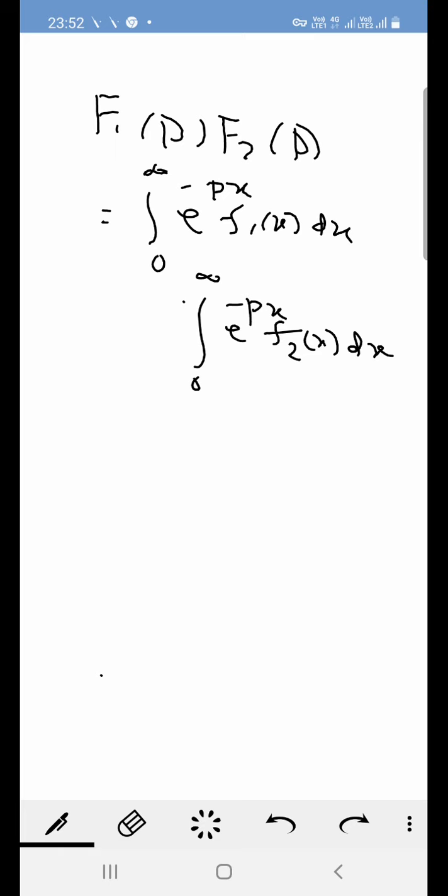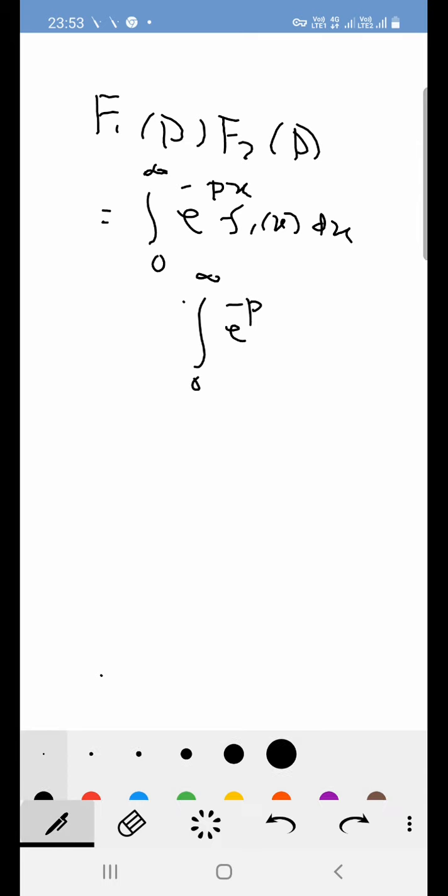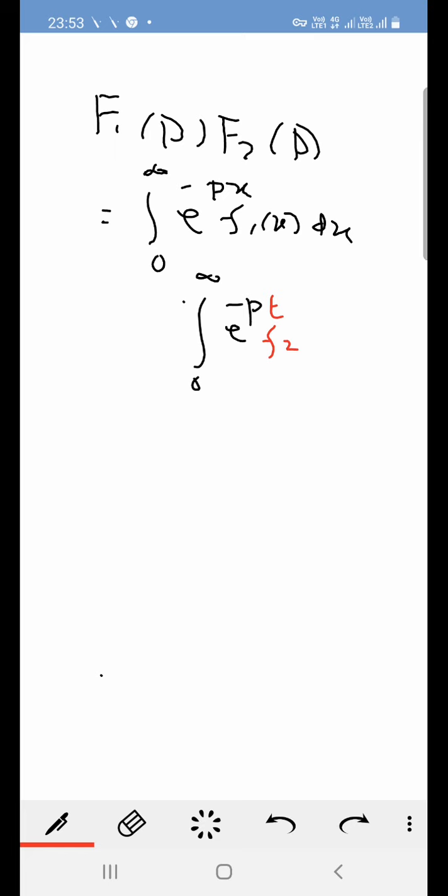Now let's use a different parameter here. Instead of writing f2 of x, let's use t: f2t dt.